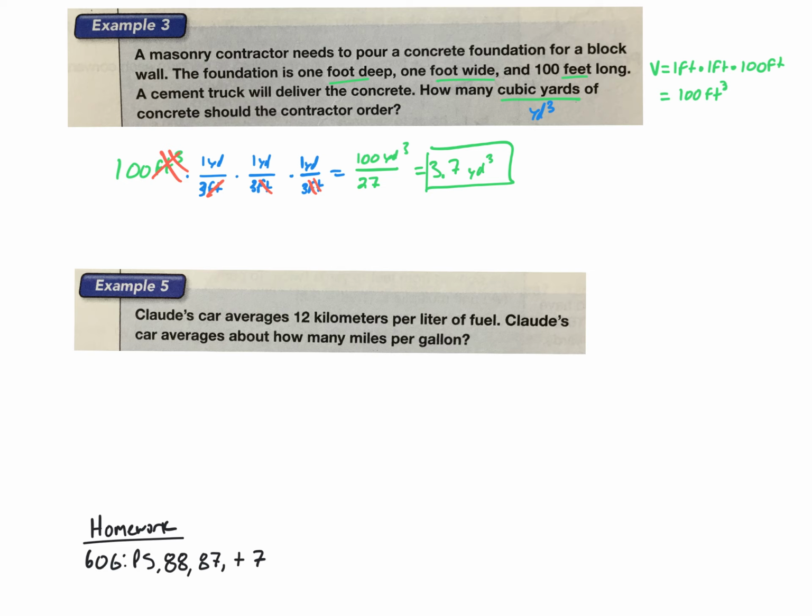So in order to do this, we need to maybe look up a few things. We need to figure out how many kilometers are in a mile and how many liters are in a gallon. You can look that up really anywhere you want. Online, in your book, ask your mom or dad. If you look it up, you'll find that 1 kilometer is about 0.62 miles, and that 1 gallon is about 3.781 liters.